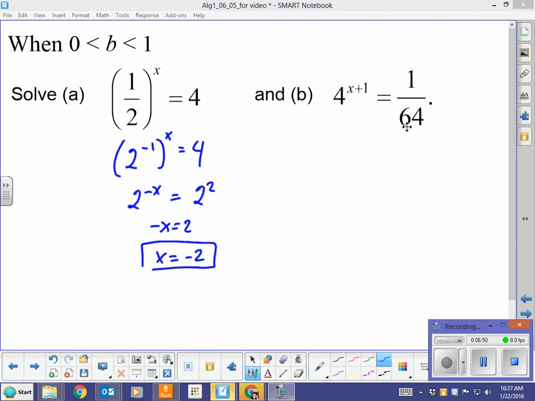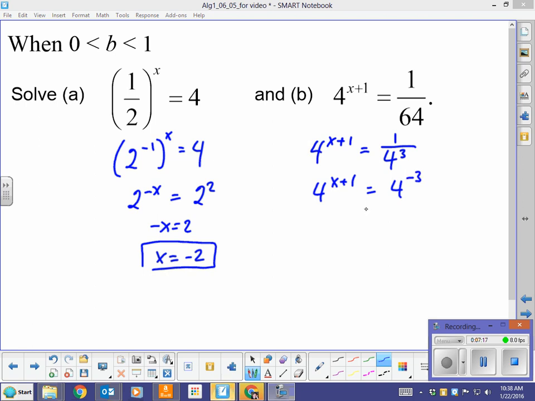Over here, 1 over 64, I can think of this as 4 cubed, right? So 4 to the power of x plus 1 equals 1 over 4 cubed. So 4 to the power of x plus 1 equals 4 to the power of -3.